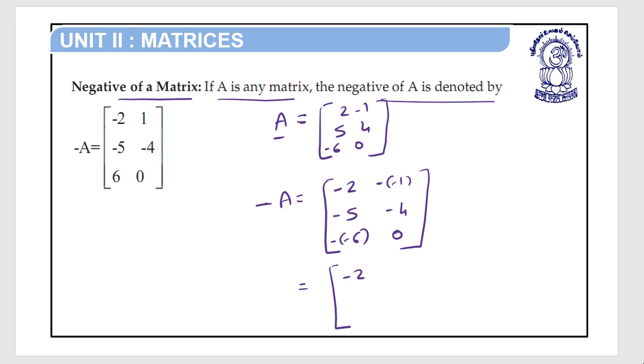Minus minus becomes plus, so we get minus 2, plus 1, minus 5, minus 4, plus 6, and 0. This is called the negative of a matrix.